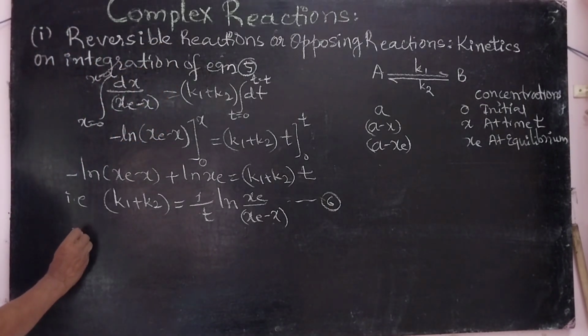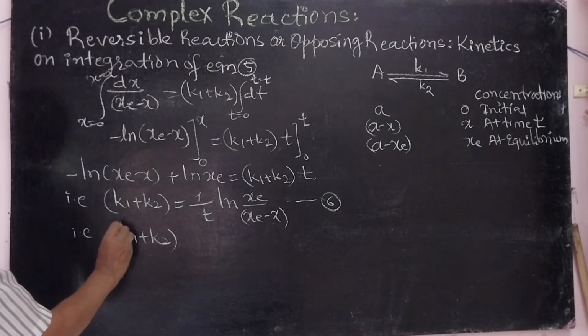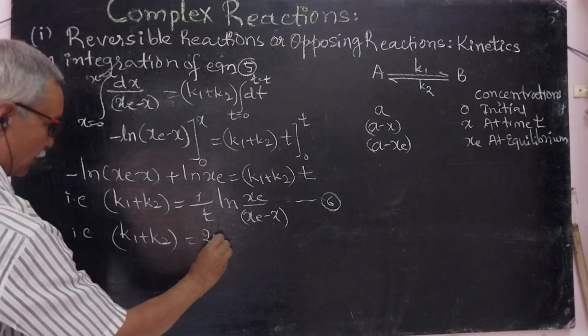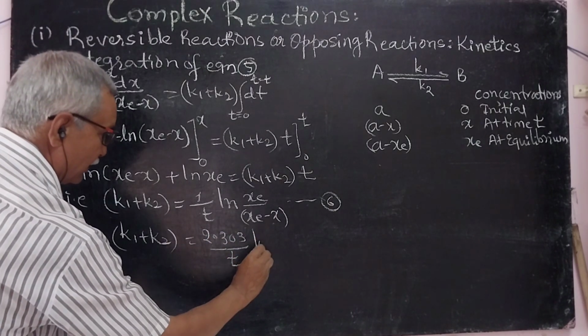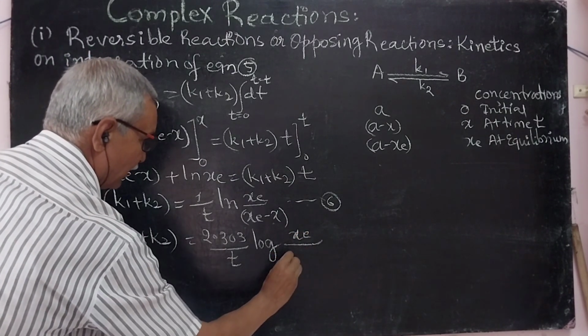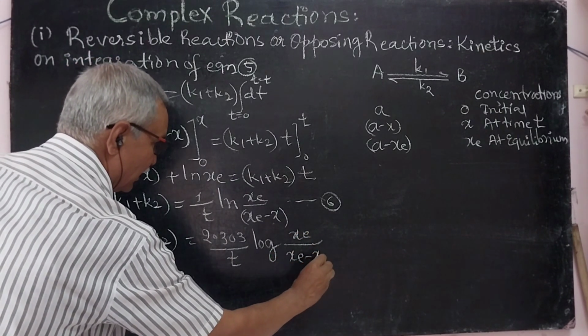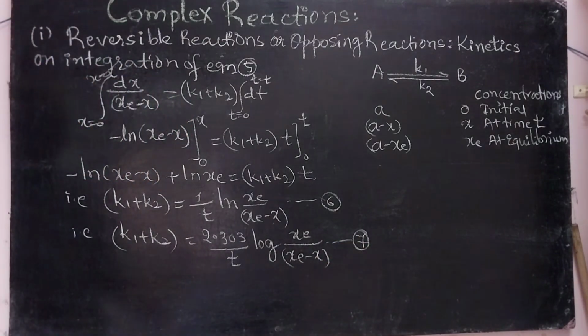That is, K1 plus K2 is equal to 2.303 divided by t, log of Xe divided by (Xe minus x). Suppose this is equation 7.